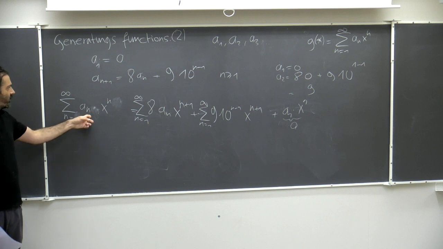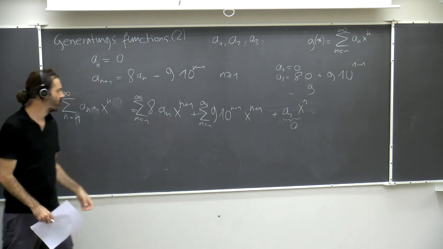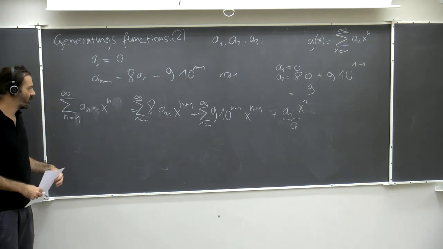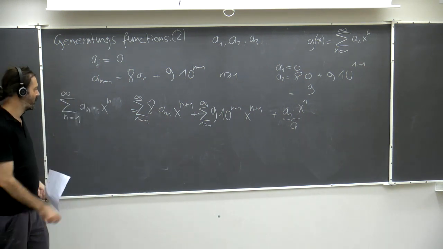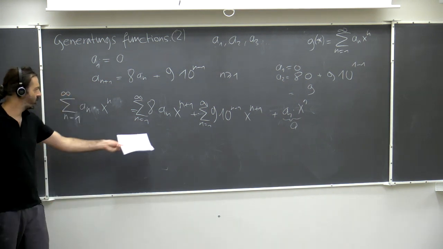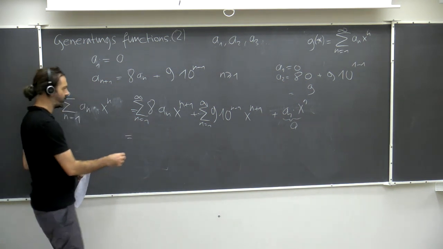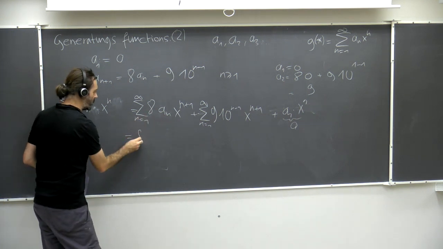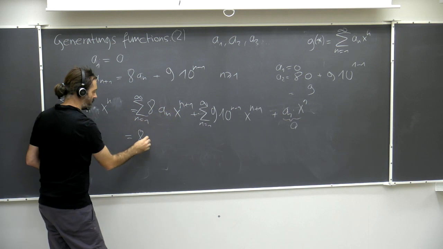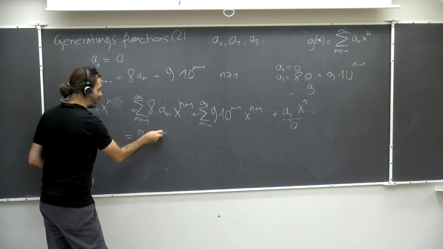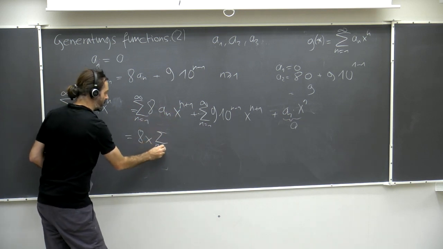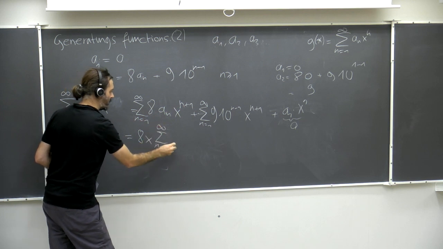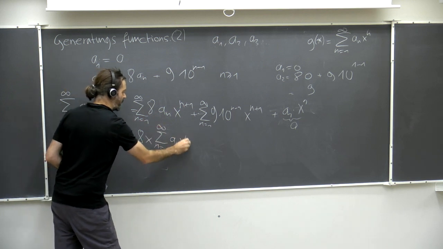Here is our g. And actually it's also here, but you have to squeeze a bit. The way we see that the g is in there is by rewriting and pulling the 8 out and pulling an x out. Then of that sum, we still have left n goes from 1 up to infinity of a_n x to the n.